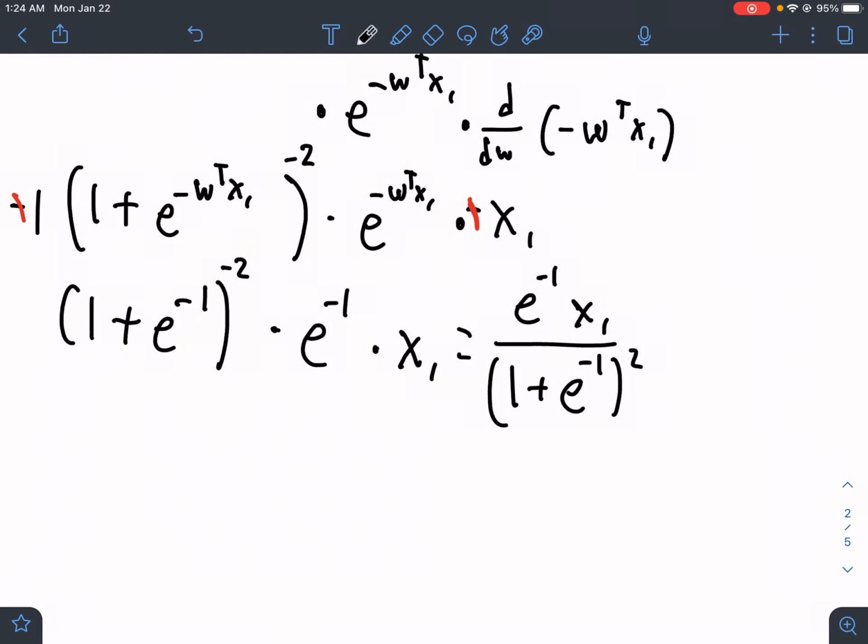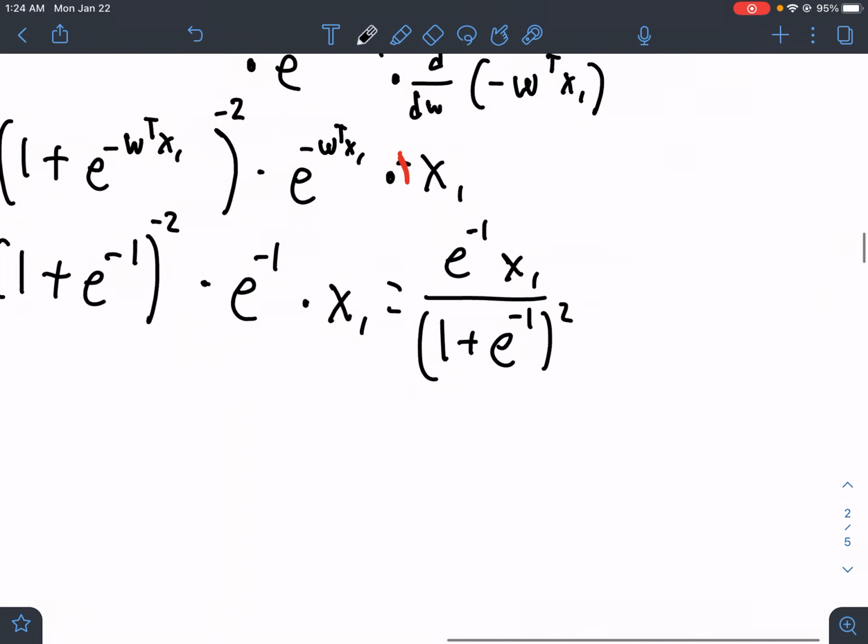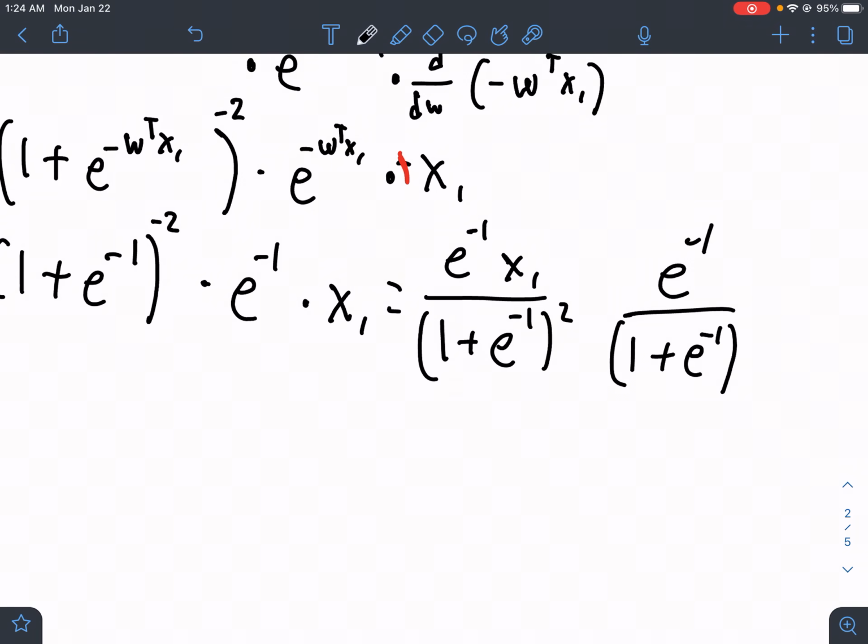And I believe if we use a calculator here, we could simplify this out further, but on paper at least, if you have a calculator, this is a good enough solution.